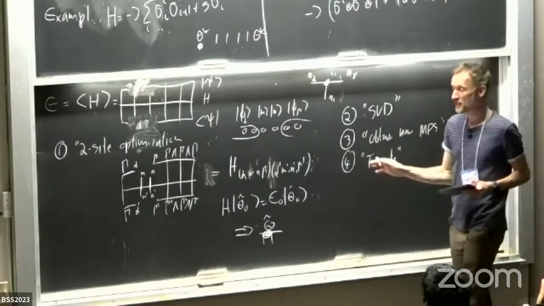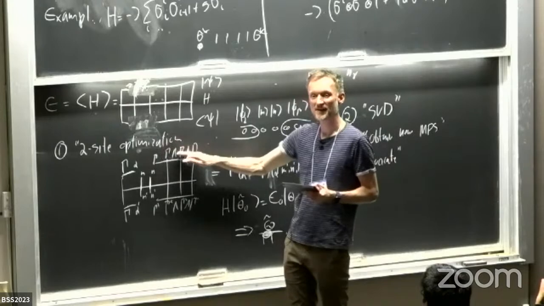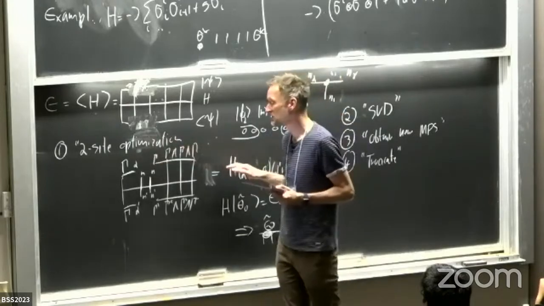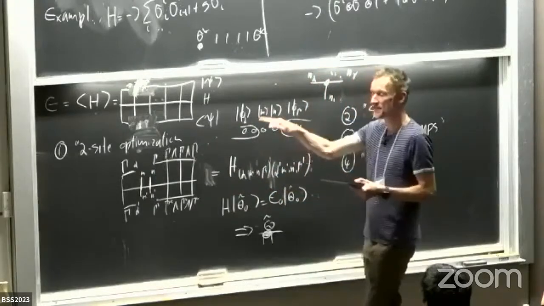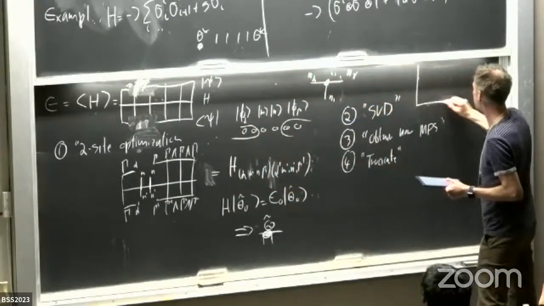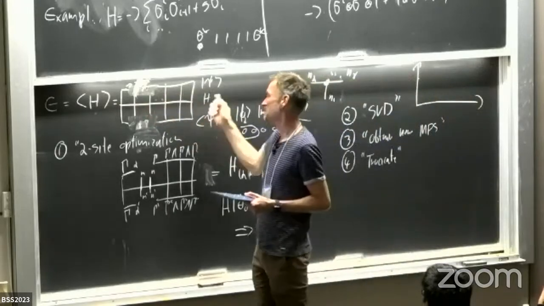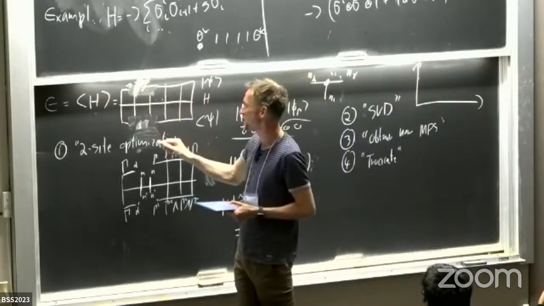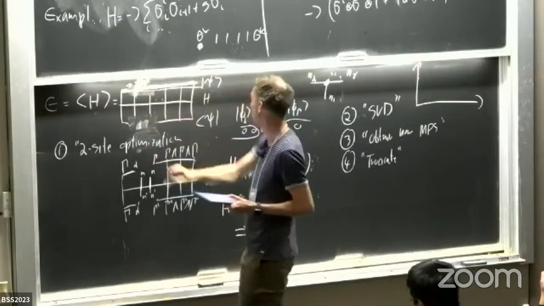And that's it. So once we are done with this bond, we just move to the next bond, to the next bond, and then we just sweep through the lattice until convergence, right? So at each step, if you do this iteratively, technically it doesn't matter in which order you do it, but in terms of convergence, you just move to the left, to the right, and back and forth.